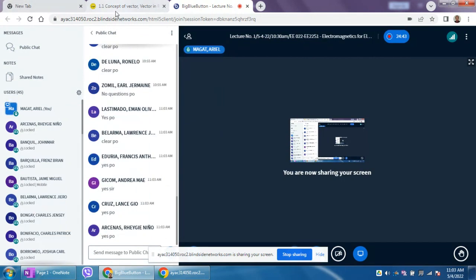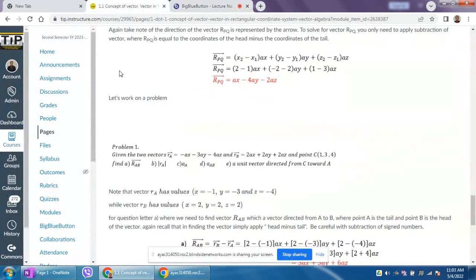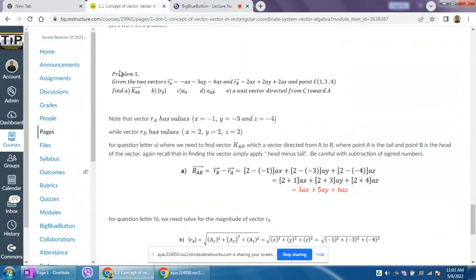Okay. So going back to our discussion po, let's have this one. So given two vectors, RA, which is equal to negative ax minus 3ay minus 4az, and another vector RB, which is equal to 2ax plus 2ay plus 2az, and a point C with coordinates 1, 3, and 4.